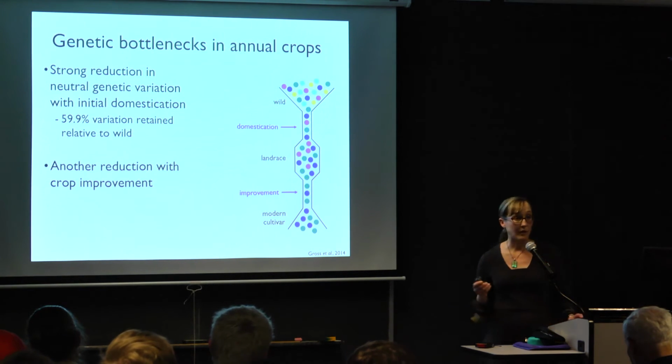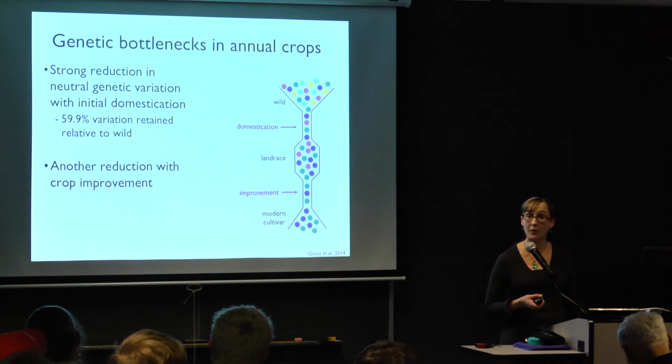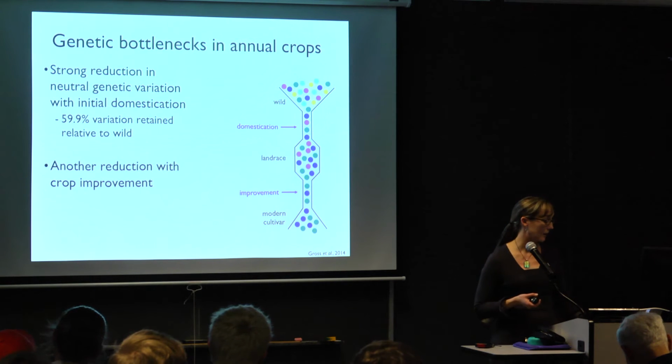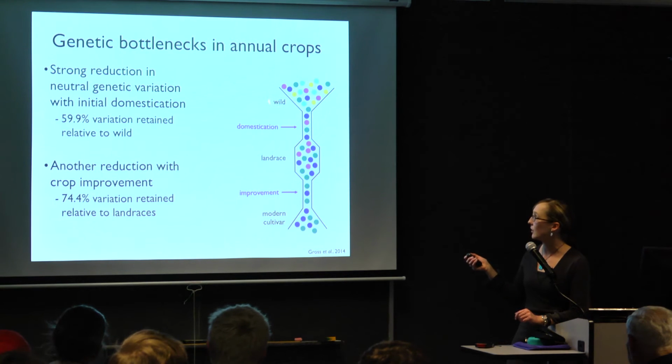I also talked a little bit about this improvement bottleneck. And again, I went back to the literature to see how severe this transition was. And again, in these comparisons, I'm only comparing the modern cultivars to these landrace varieties. So I'm looking at how much variation is lost during this transition, not going all the way from the wild to the modern varieties.